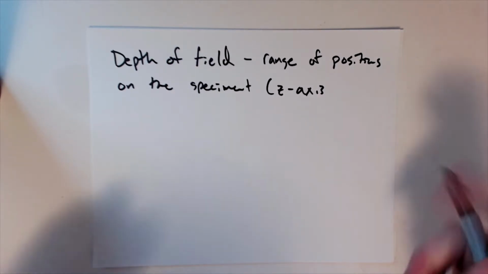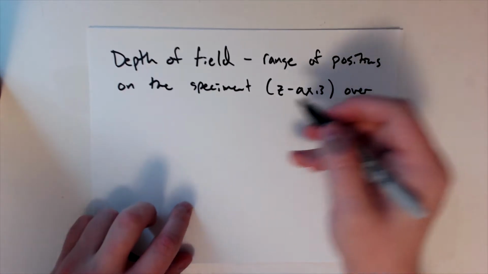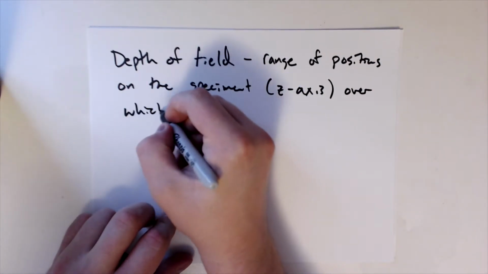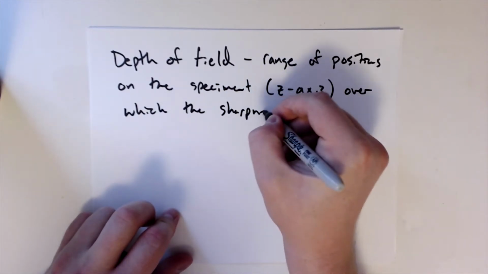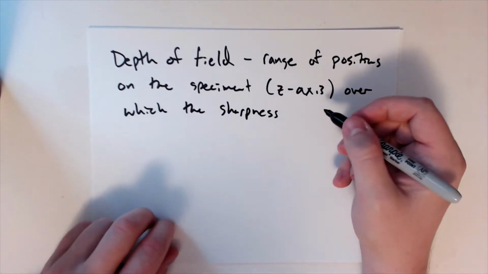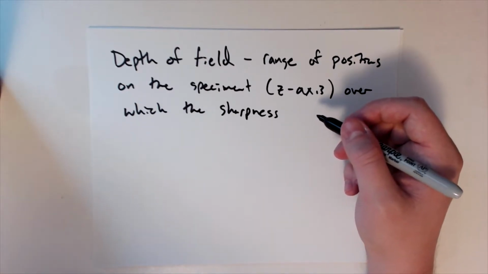So this is a range of z positions over which the sharpness, meaning the image quality, is maintained. Can we see it? Is it sharp and in focus?